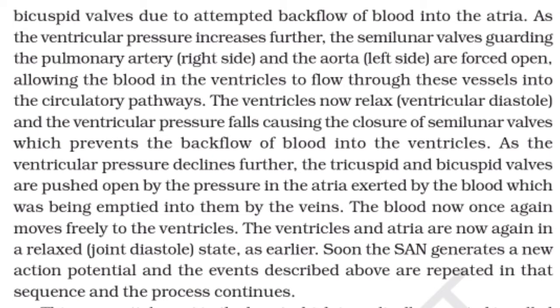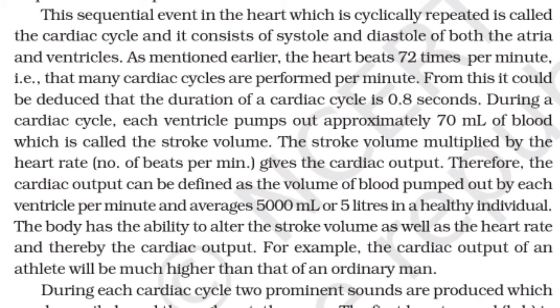Soon the SAN generates a new action potential and the events described above are repeated in that sequence and the process is continuous. This sequential event in the heart, which is cyclically repeated, is called the cardiac cycle, and it consists of systole and diastole of both the atria and ventricles.